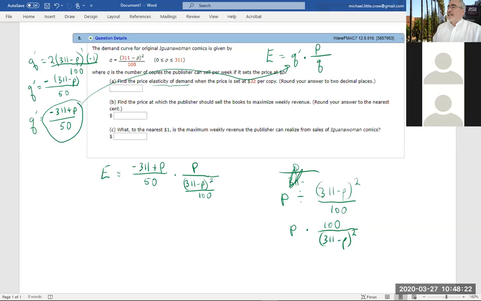It's okay. So then we're going to have 100 times p. Okay, so I've reworked this part here. And it's all going to be over 311 minus p squared.